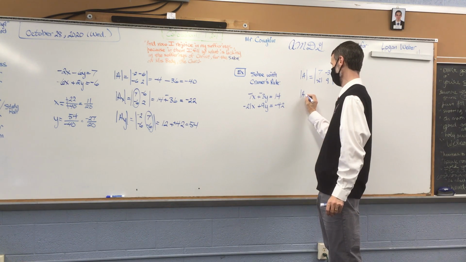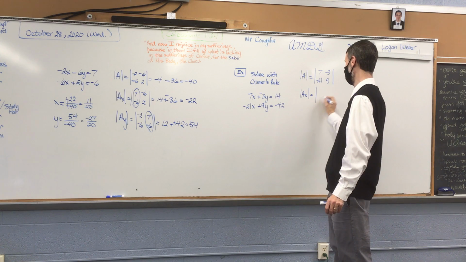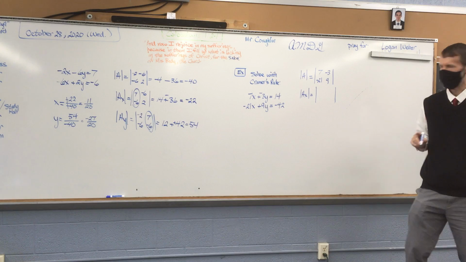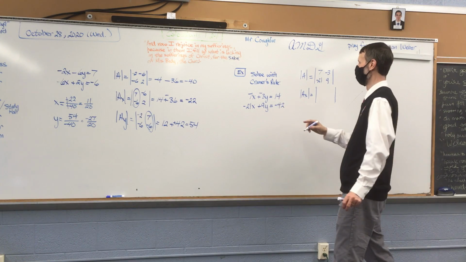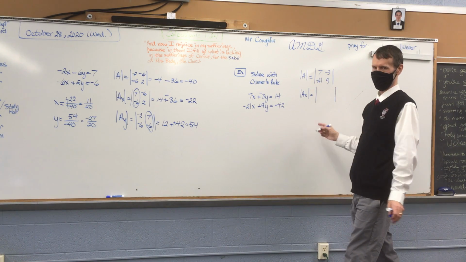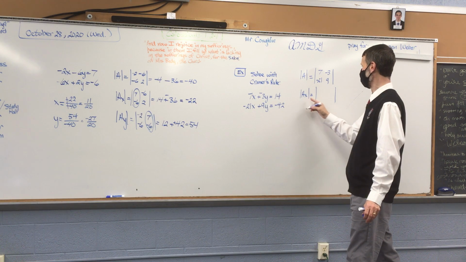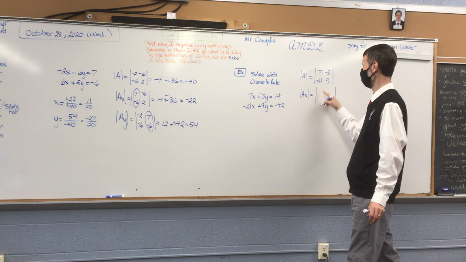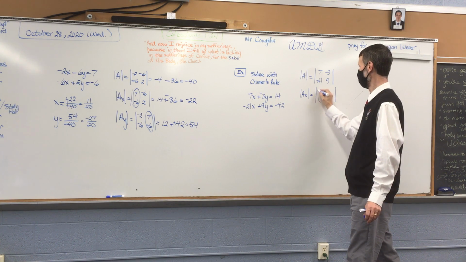Can somebody tell me, just by visualizing, what is A sub x determinant? Rainey, take over. Which column is getting swapped out? Yeah. So what should the new one be? Yes.